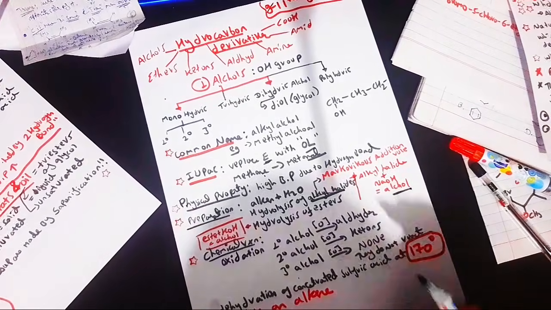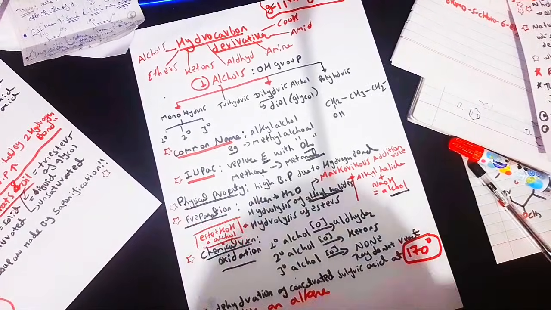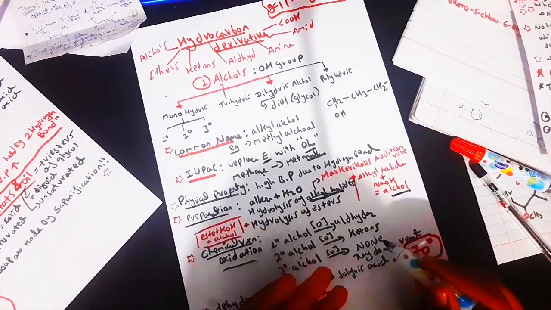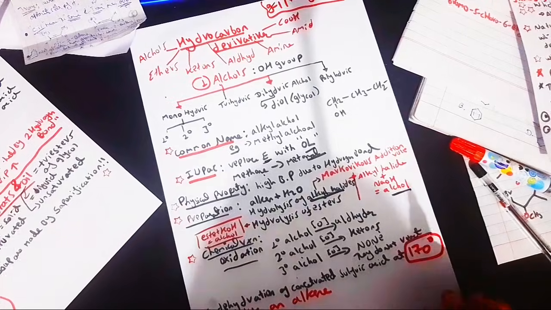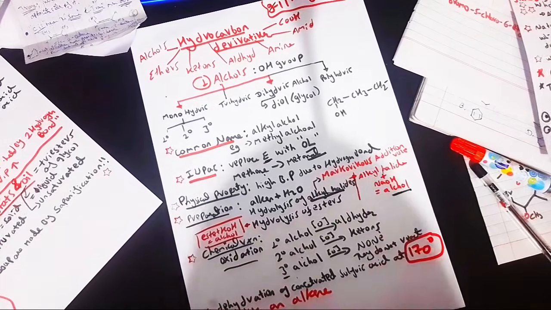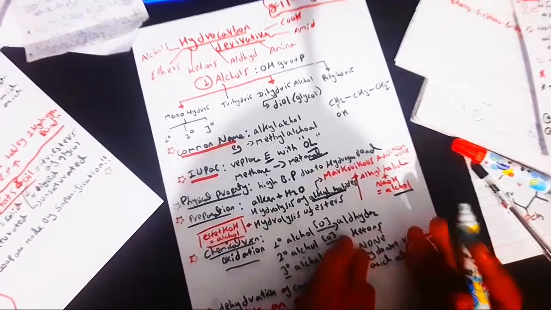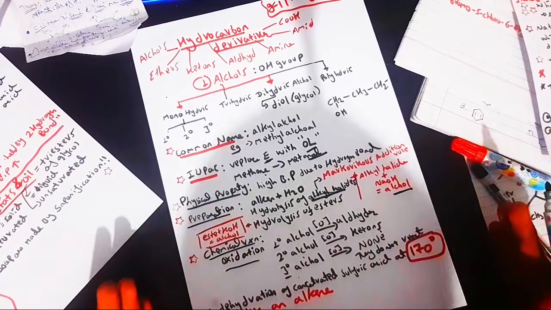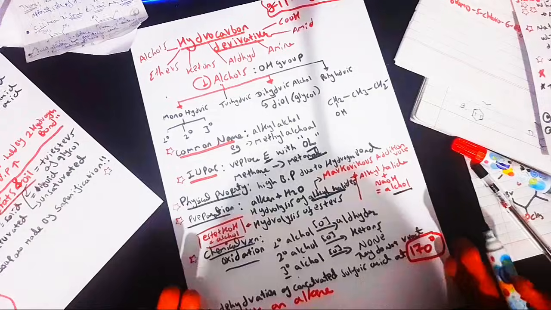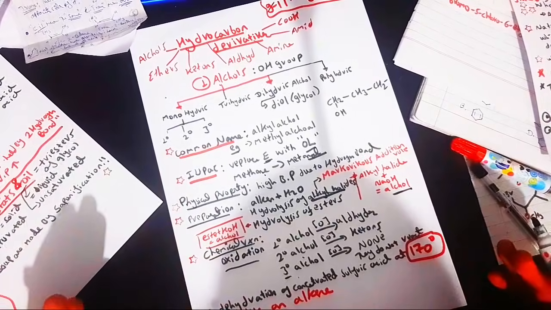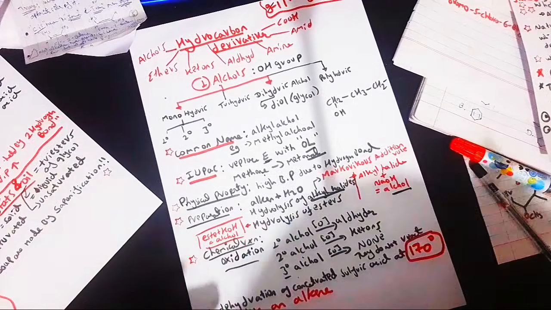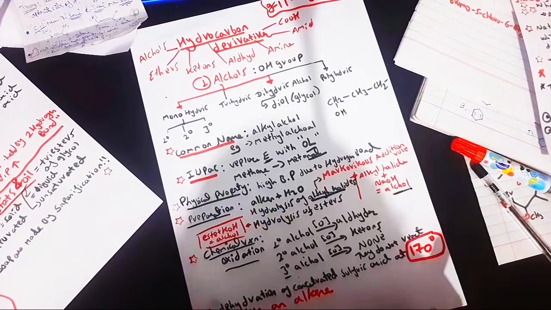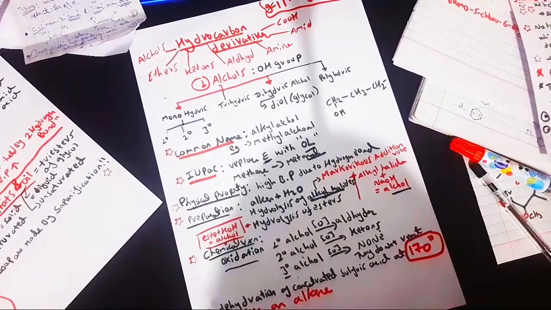Chemical reaction, the oxidation reaction. Primary alcohols are oxidized into aldehydes, secondary alcohols are oxidized into ketones, but tertiary alcohols, when oxidized, are not affected. They do not react because they are highly stable, and the dehydration extent is high, which means they are more reactive.